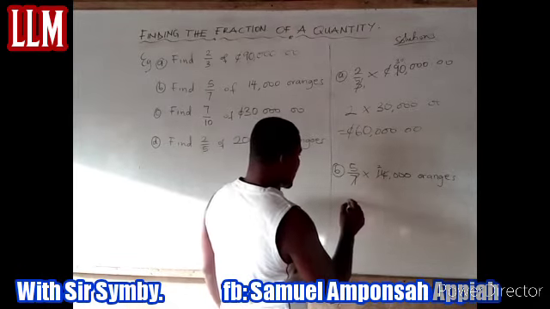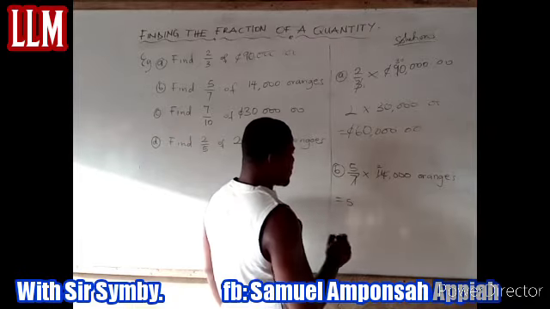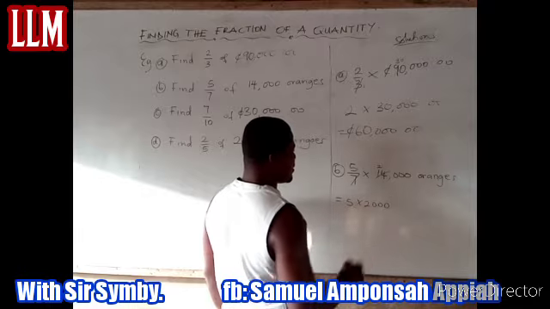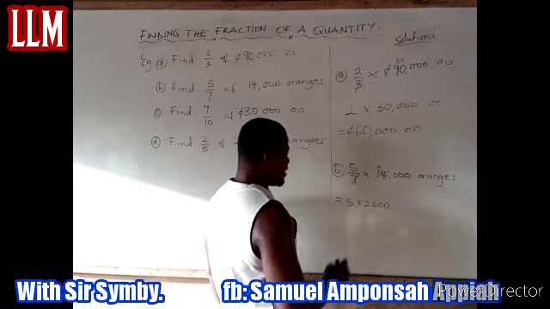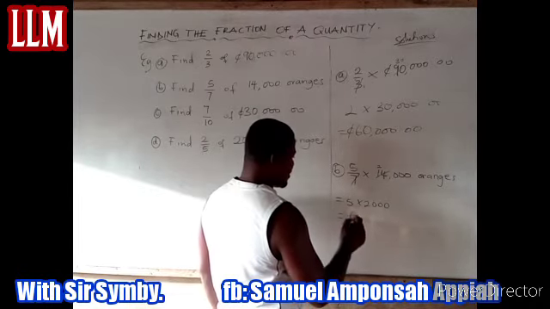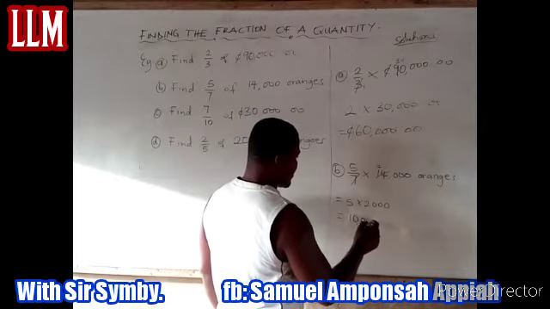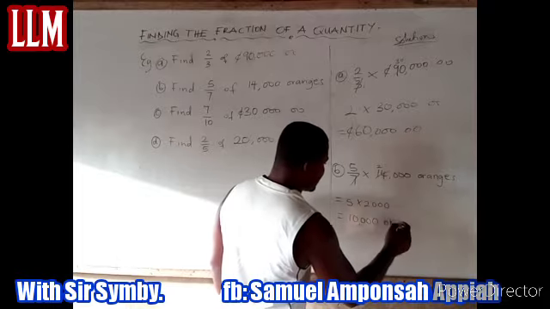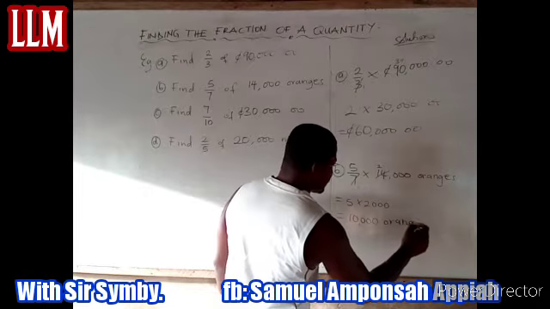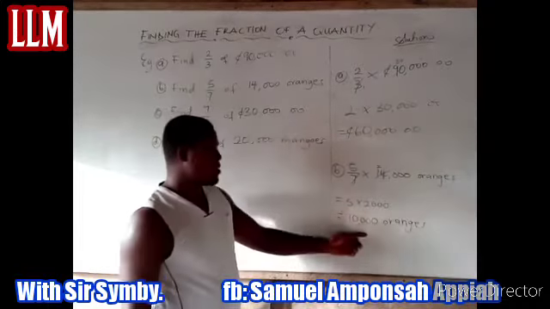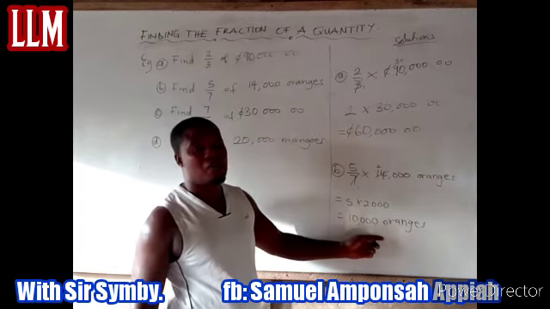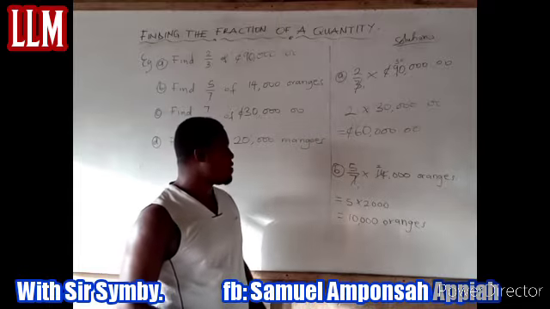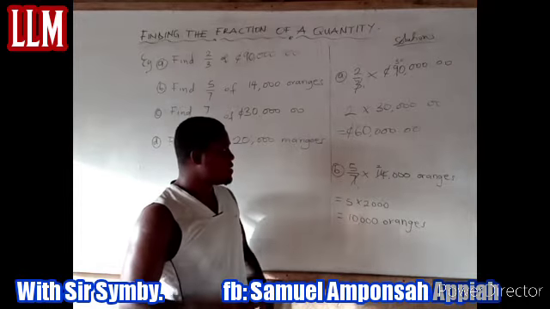This means we are going to multiply 5 by 2,000 oranges, and that is going to give us 10,000 oranges. Please don't forget to bring the oranges. Also, so that you are talking about oranges. So this is going to give us 10,000 oranges.